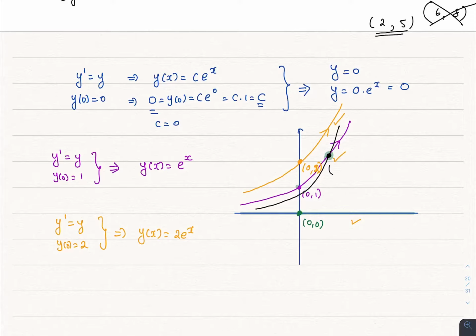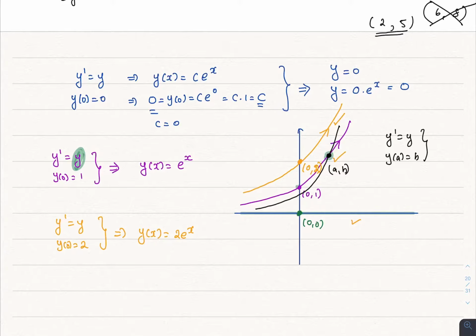Let's just say this is (a, b). I know that even for this problem, which is y prime is equal to y, and y of a is equal to b, it's a new initial value problem, it's going to have only one solution.